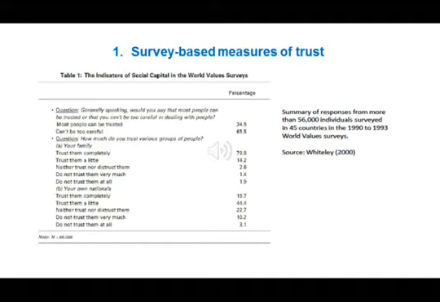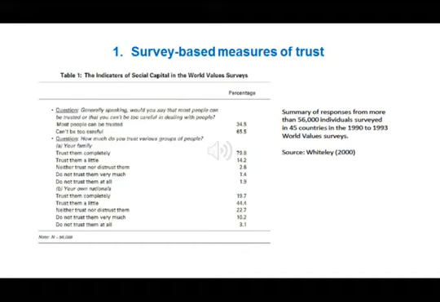So how do surveys try to measure the level of trust between individuals? Surveys use a special form of a question in order to try to measure the level of trust between individuals. This question you can see in this table. The question is as follows. Generally speaking, would you say that most people can be trusted, or that you cannot be too careful in dealing with people?